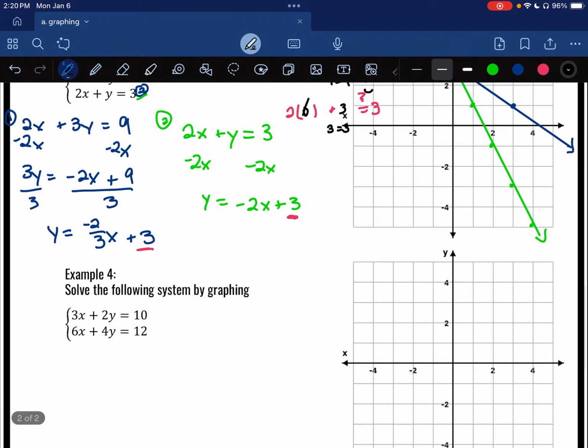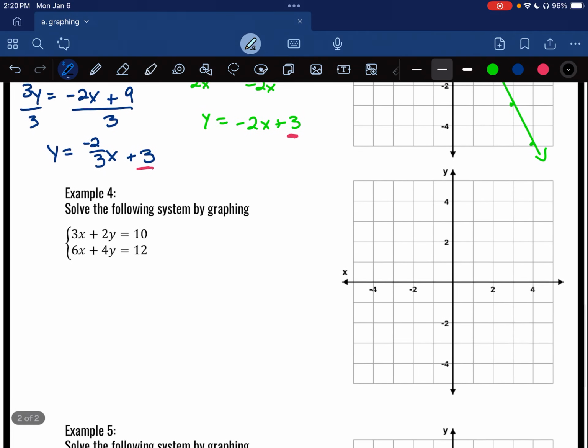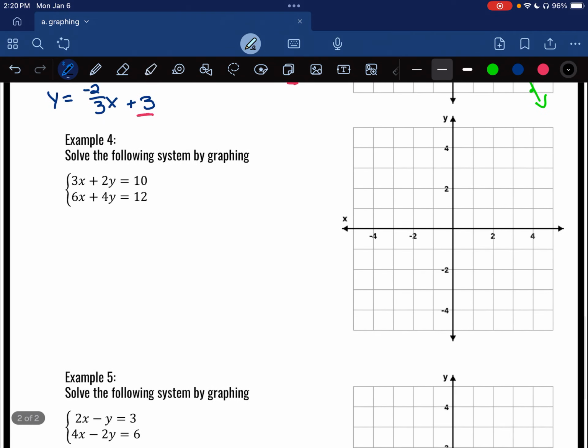Alrighty. And the next 2 examples are 2 of my favorites because there are actually 2 other cool things that can happen when we are graphing, solving systems in general, but I think the graph really helps us understand what's going on here.